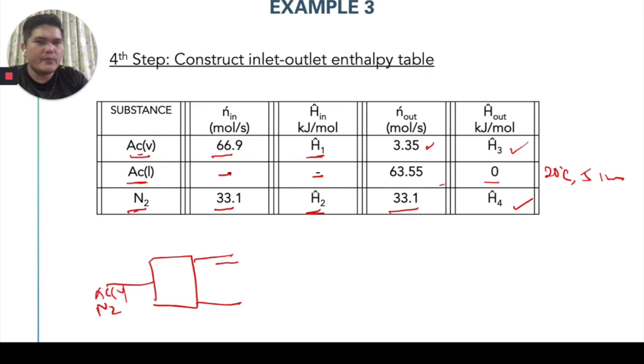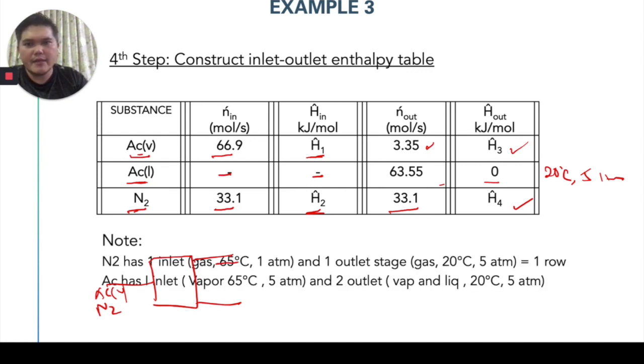So this is where we construct the inlet outlet enthalpy table. If we look at the notes, nitrogen has one inlet gas at 65 degrees Celsius and 1 atm, from this particular stream, and one outlet stream at the top. Nitrogen goes to the top, but now the temperature and pressure change from 65 to 20 degrees Celsius and 1 atm to 5 atm.